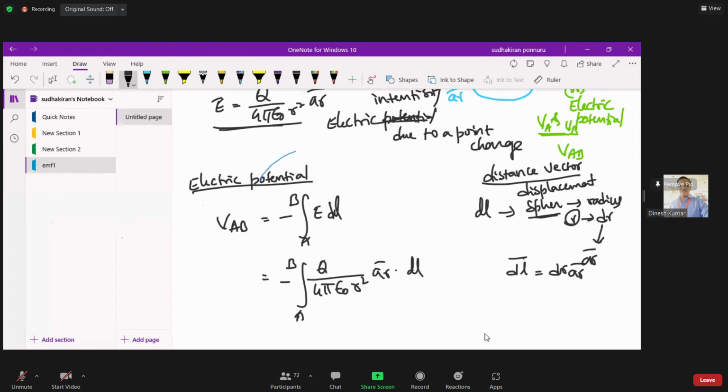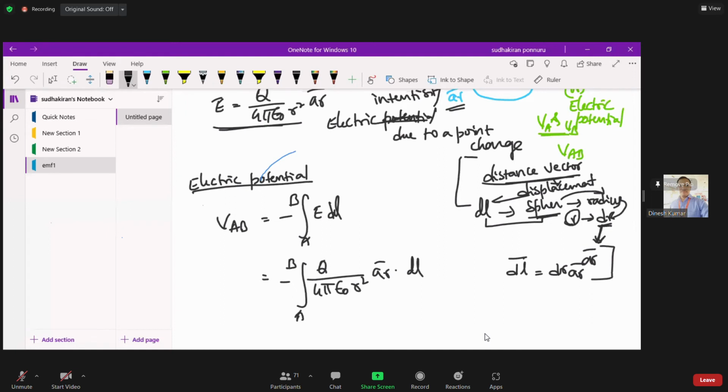Okay, so try to understand this concept. The distance vector is the displacement, and displacement is the dl. Here we are taking a single point charge which forms a spherical coordinate system. For a spherical coordinate system, the distance vector is the radius, and instead of the complete radius, we are considering a small part of it, that is dr. And this dr is along AR bar.